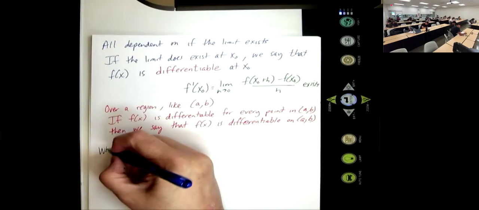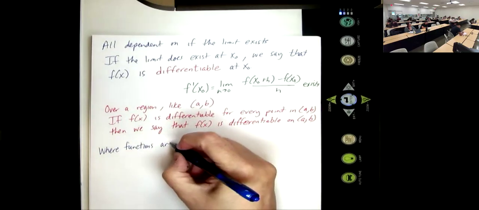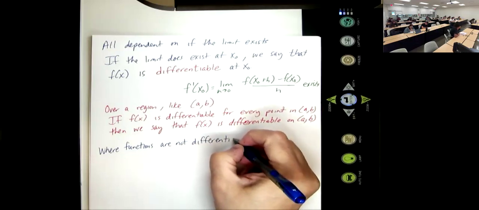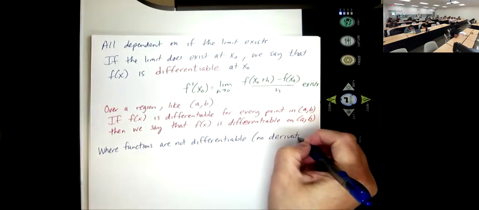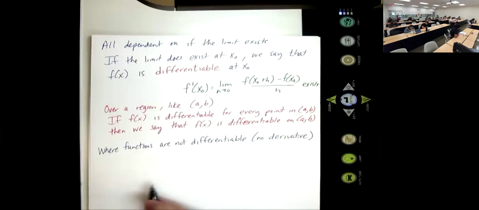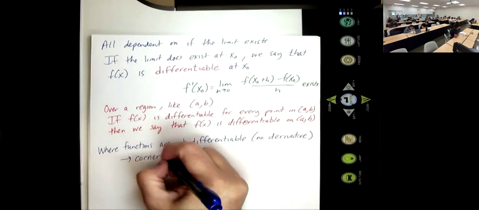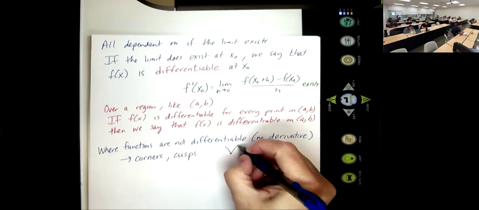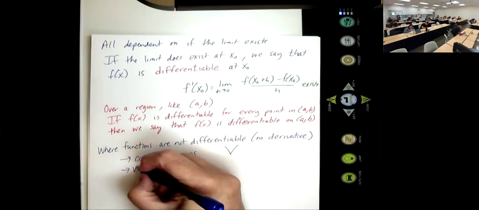So where functions are not differentiable, i.e., we can't do the derivative: at corners or cusps, like it comes to a point. Vertical tangents.